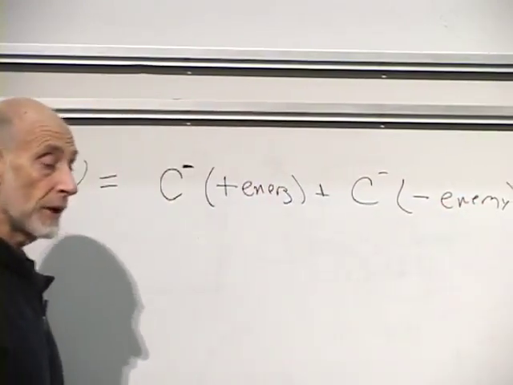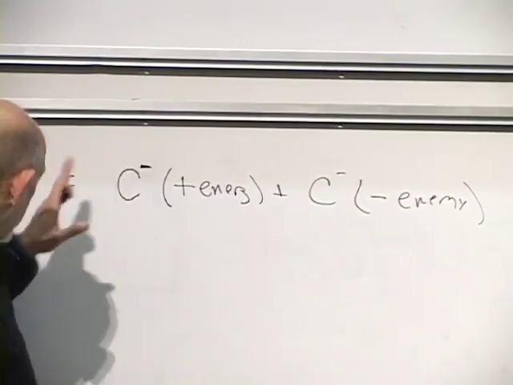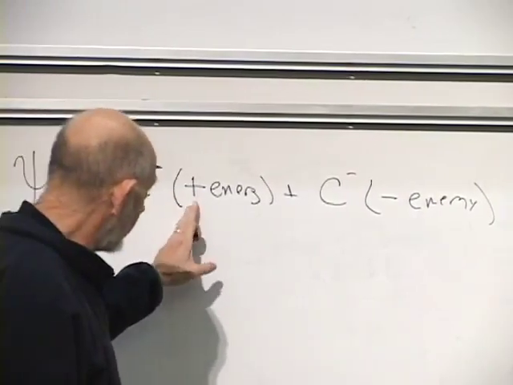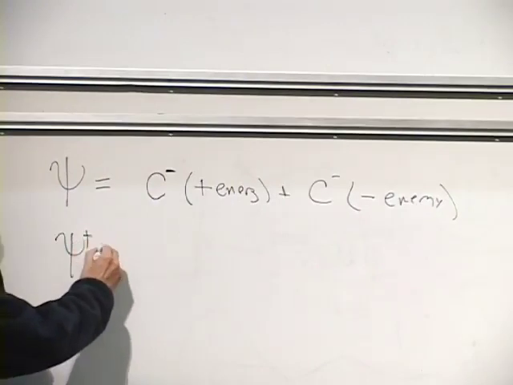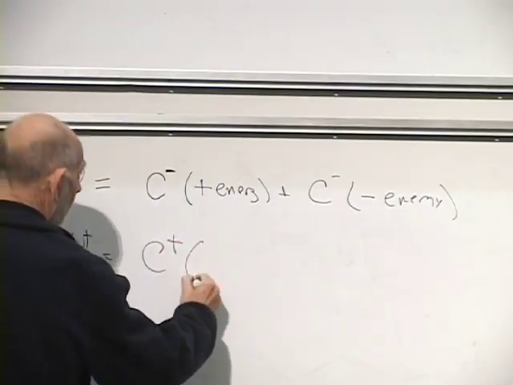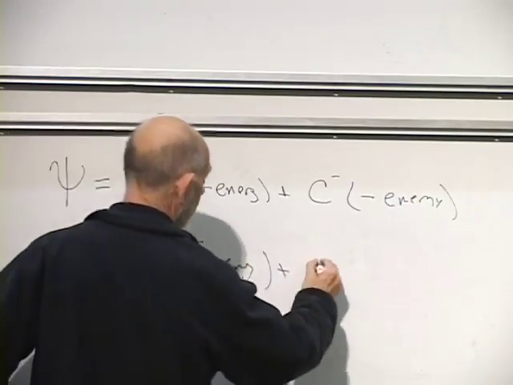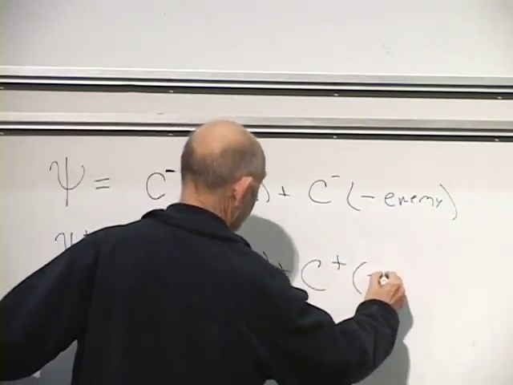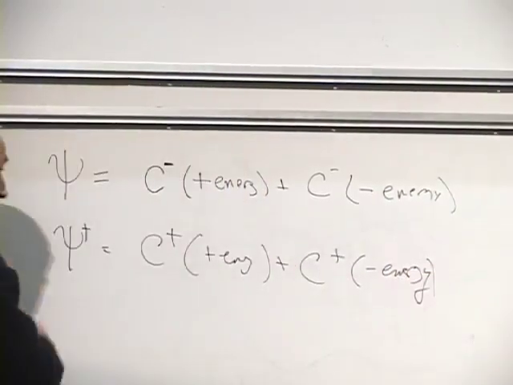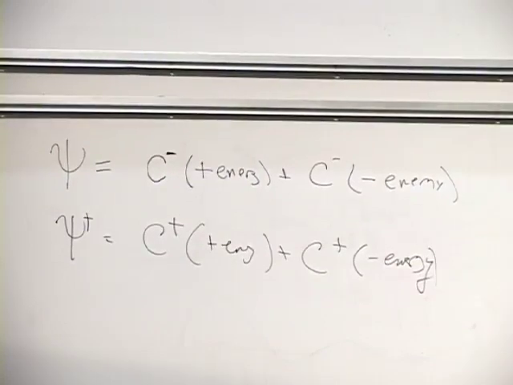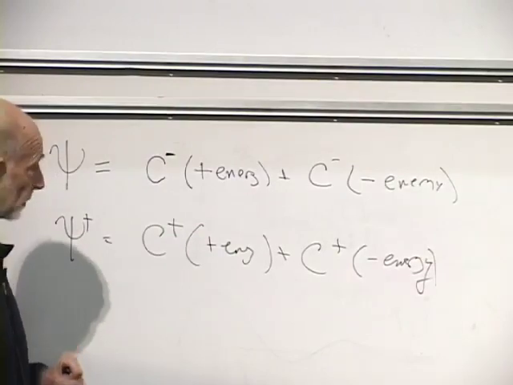Remember, the Dirac equation has solutions with both positive energy and negative energy. Psi dagger has creation operators, C plus, also for positive energy and for negative energy. That's just what the Dirac field is. Creation operators and annihilation operators.